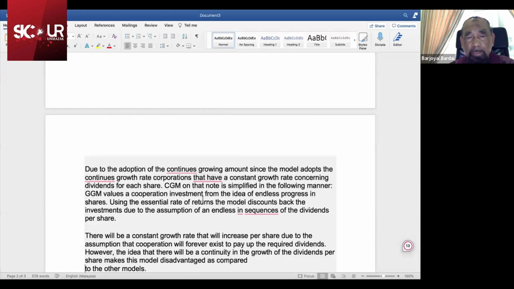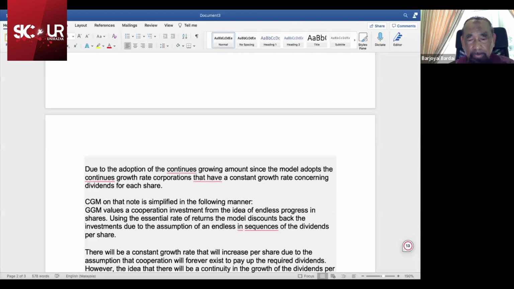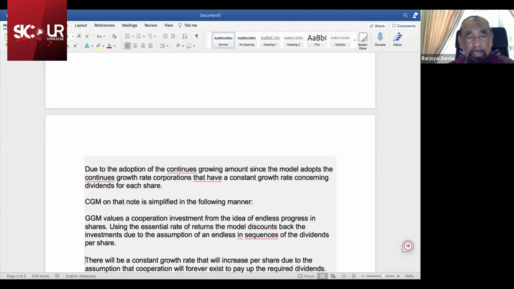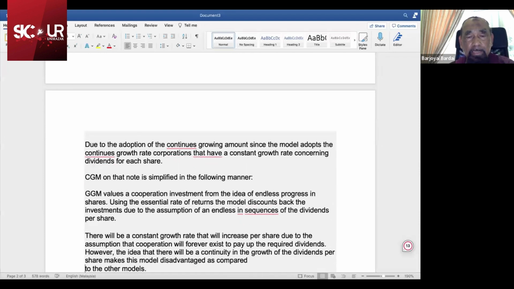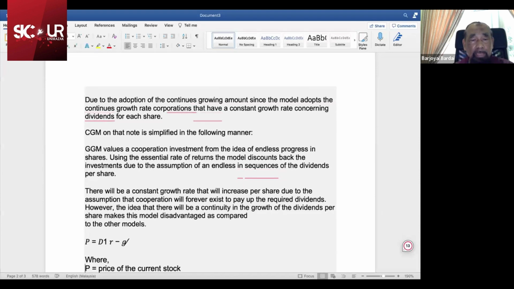So the constant growth model is simplified in the following manner. The Gordon growth model derives the investment value from the idea of endless growth in share. Using the required rate of return, the model discounts back the investment due to the assumption of endless sequences of dividend per share.